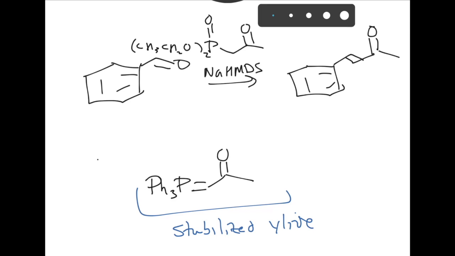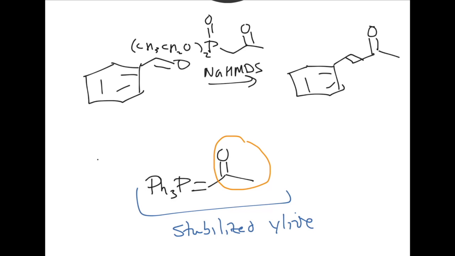So you'd use an ylide that had a carbonyl group on it that helps stabilize that ylide, and those are the stabilized ylides for a Wittig reaction. They prefer to make trans double bonds. So these are two ways that you know how to make a trans double bond in one step that has a carbonyl group on the end.